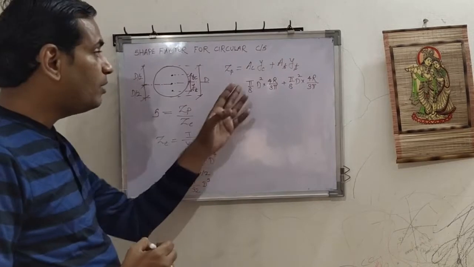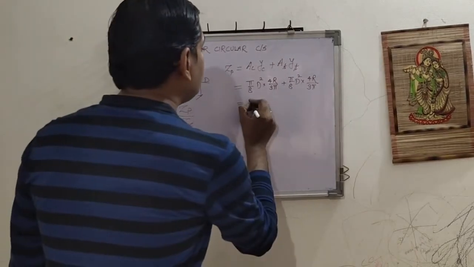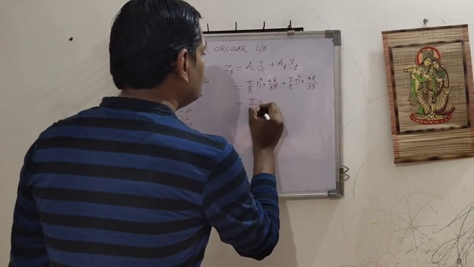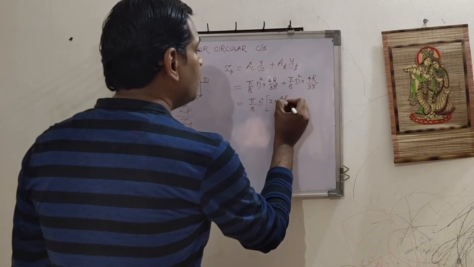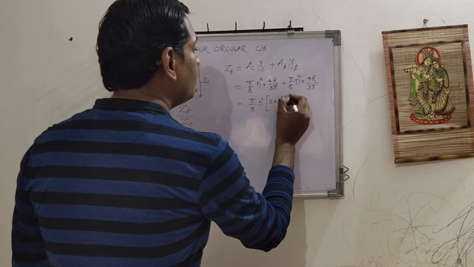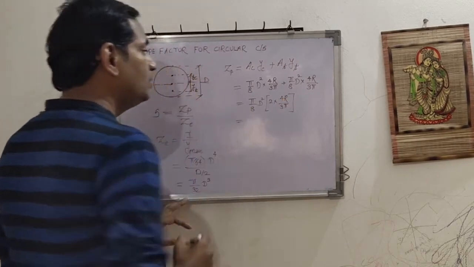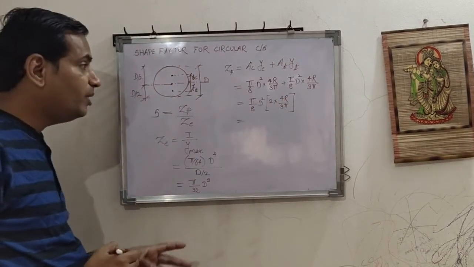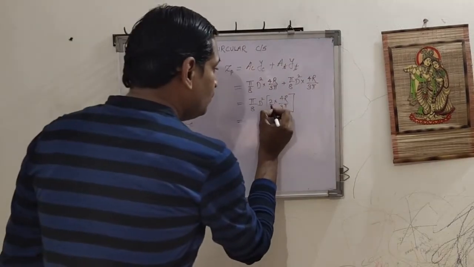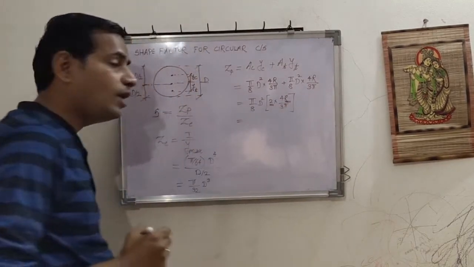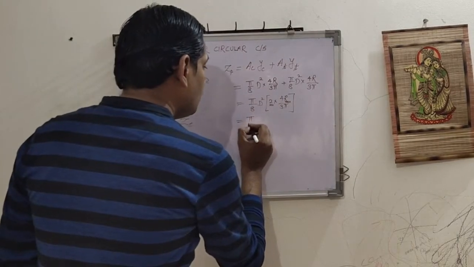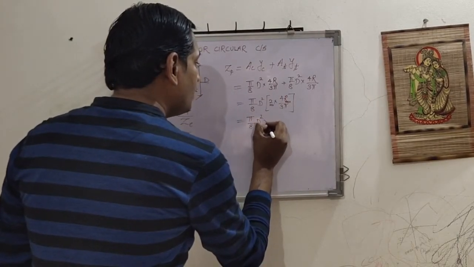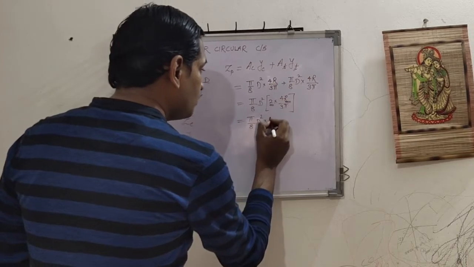So you take pi by 8 times d square common. Inside the bracket it will be 2 times 4R upon 3 pi. So what will be here now? The adjustment to be done: this 2 and this R, 2R is 1 d.